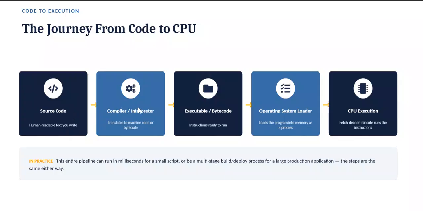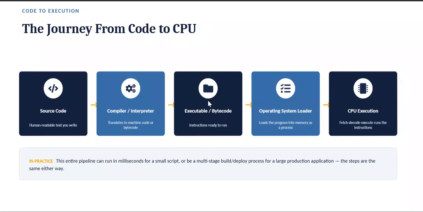Now, it compiles or interprets. The code goes through the compiler or the interpreter to translate that particular code to machine code or bytecode. Now, when it's interpreted or compiled, it is executed. So, executable or bytecode instructions are ready to run.